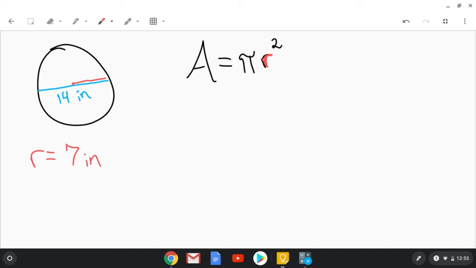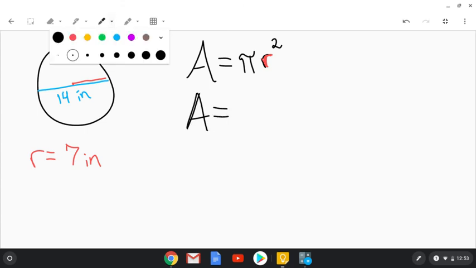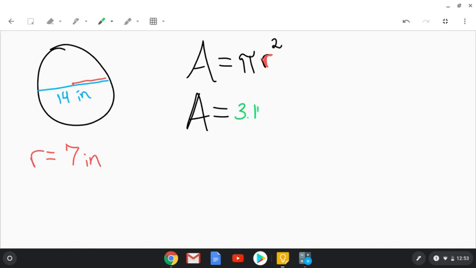So now you can do exactly what we did for that first problem. We're going to still remember that we're using 3.14 for pi. And then instead of the r, we know that our radius is 7. So 7, and don't forget that it's 7 squared.